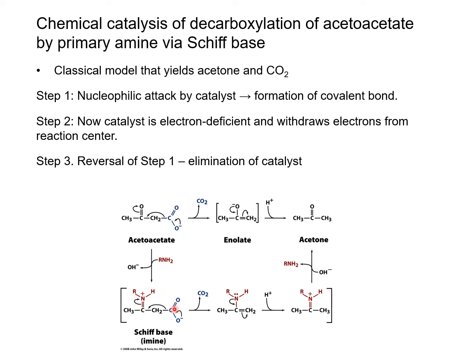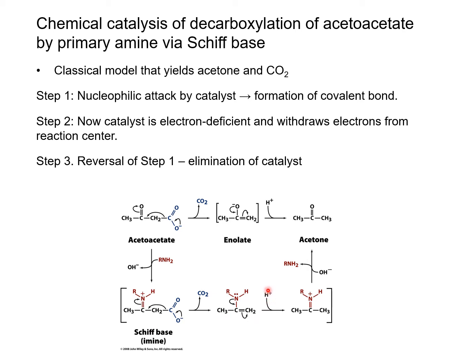And in this case, it already forms the Schiff base, so it's a critical step for the catalysis. So electrons move towards this newly formed group, which will induce the elimination of the carbon dioxide. And now the excess of electrons will be pushed down to the rest of this intermediate stage.